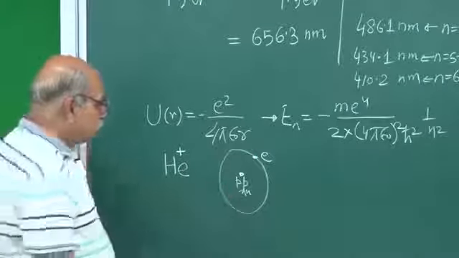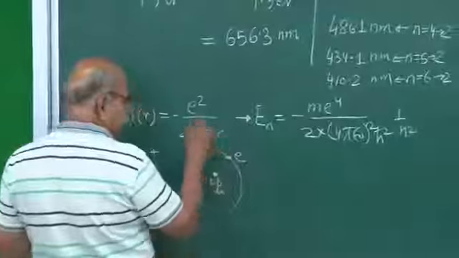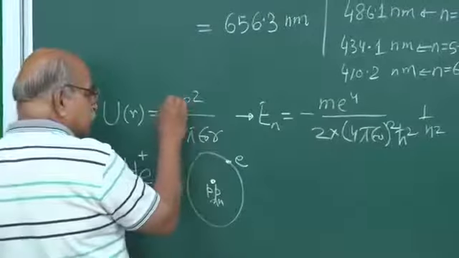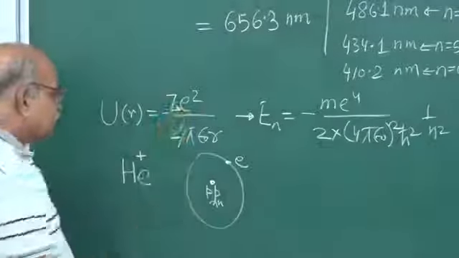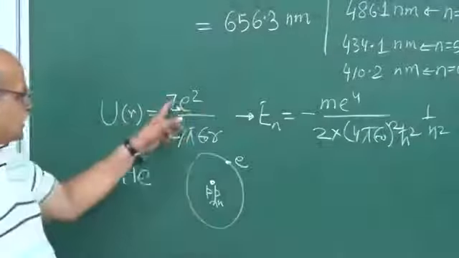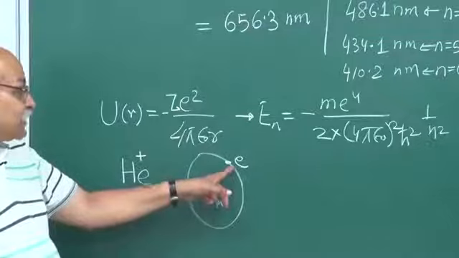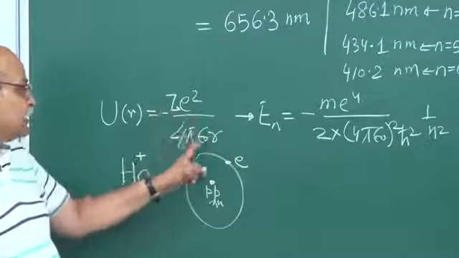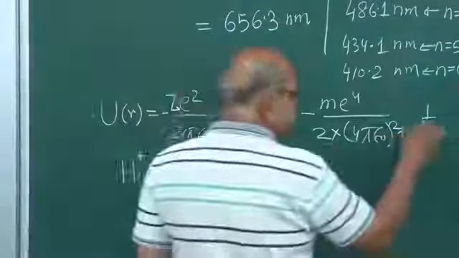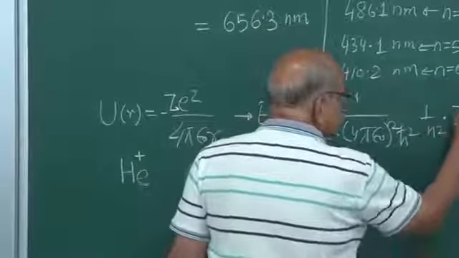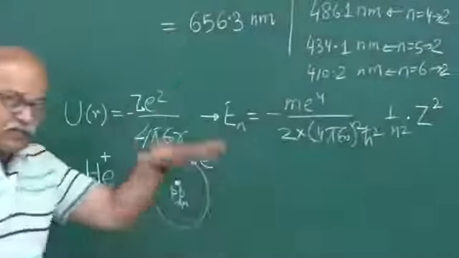For this, the potential energy will be given by 2 times this. So let me write Z times this. If there are Z protons in the nucleus and only 1 electron, then you have an ion where the potential energy will be given by this, and then this E n is modified by multiplying by Z square, and everything works quite well.